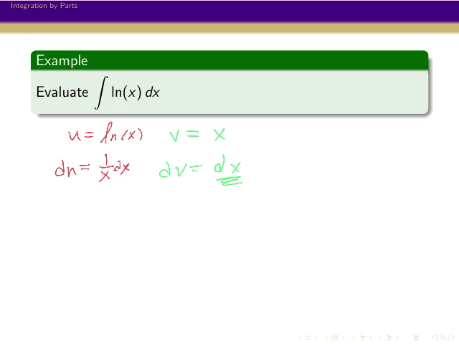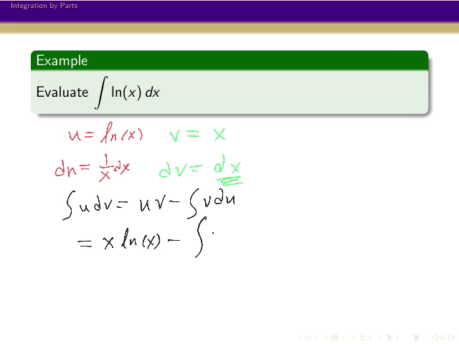And so now, applying integration by parts, u dv becomes uv minus the integral of v du. So u times v, I get x times natural log of x. And then now v, 1 really is an algebraic function, and so it turned into x, which isn't really that much worse than it was before.